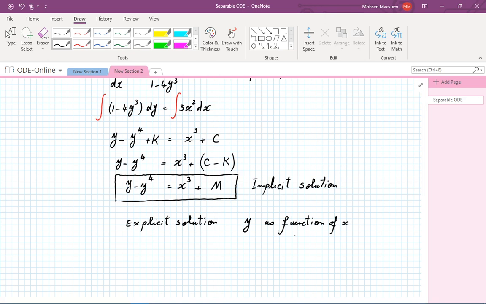Now, an issue that we have is that more often than not, that's not really easy to achieve. That is, finding y in terms of x, in this case, requires solving a rather complicated equation, in this case a quartic equation, and the solution of that is going to fill a couple of screens of this monitor that I have.